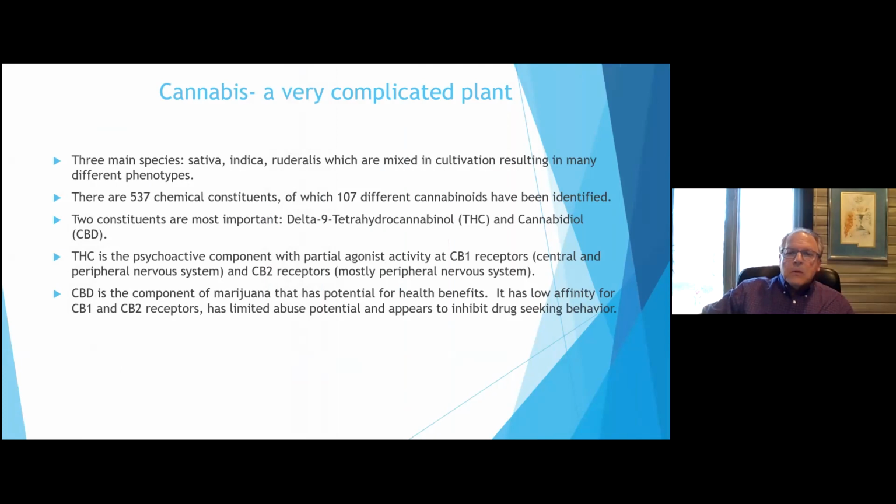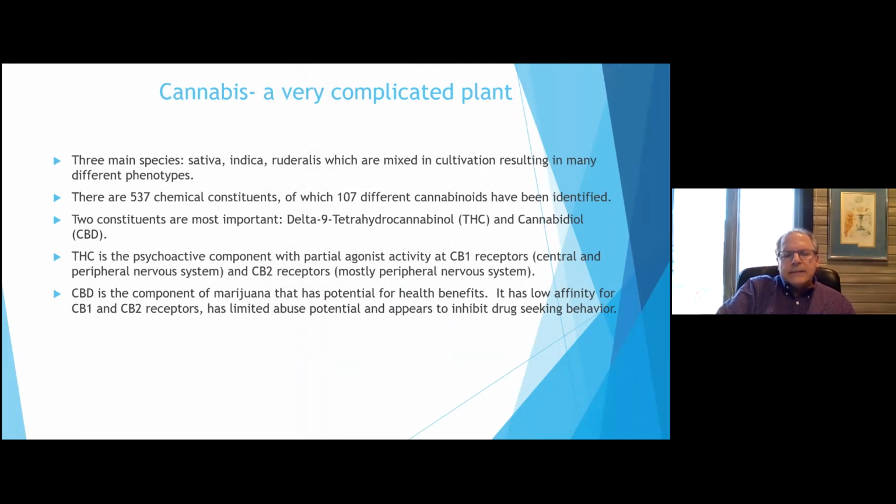So, what is the cannabis plant? When we talk about cannabis, we're talking about three major species. The sativa, which is the type that is highest in THC, indica, and ruderalis.